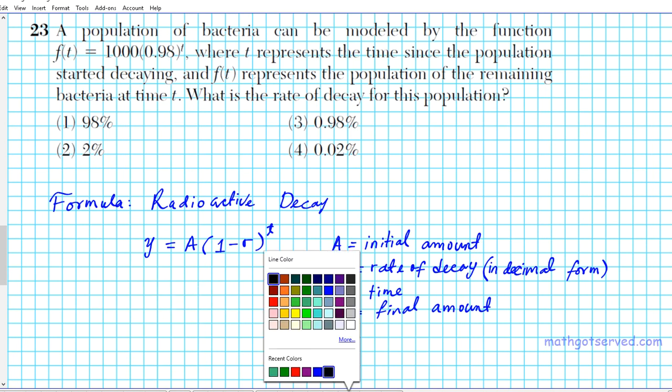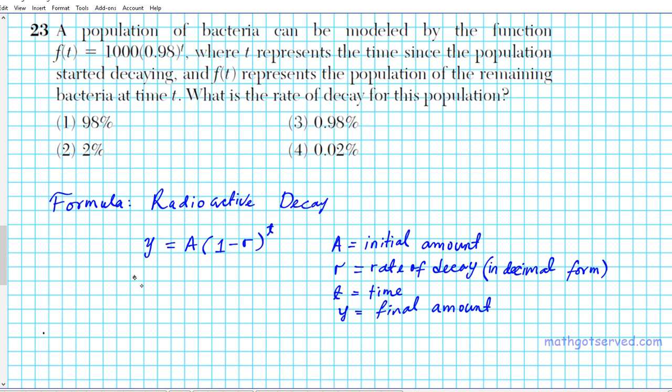The radioactive decay model for this particular scenario is f of t equals 1000 times 0.98 raised to the t. So can you see what the decay rate is?